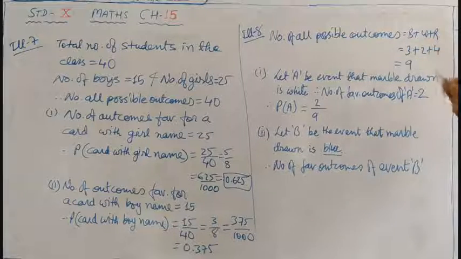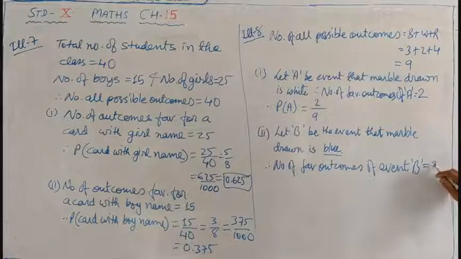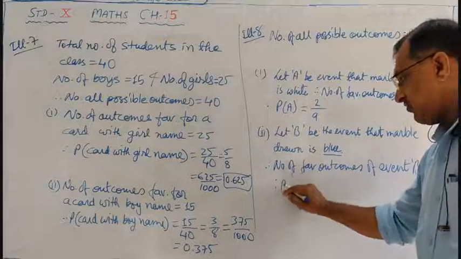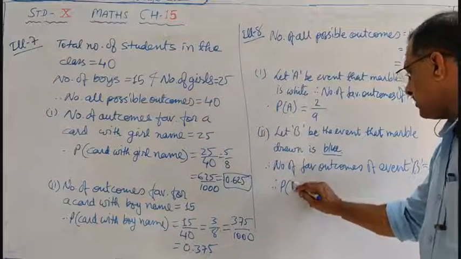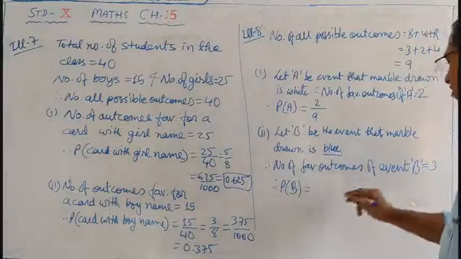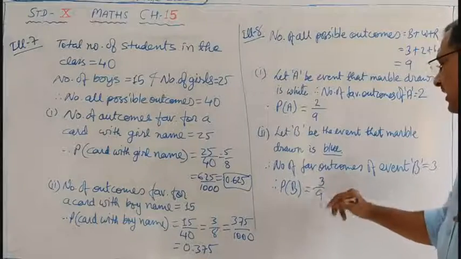So here blue, how many? There are 3. Therefore probability for the event B is equal to 3 by 9.